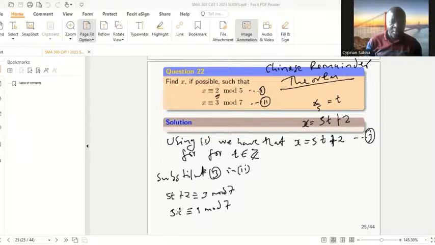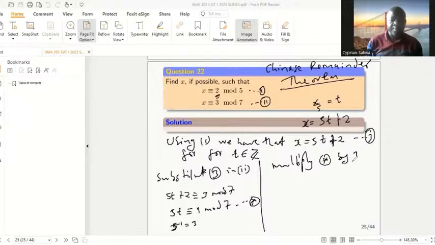So 3 times 5 is 15, and 15 divided by 7 gives a remainder of 1. So multiply star by 3.